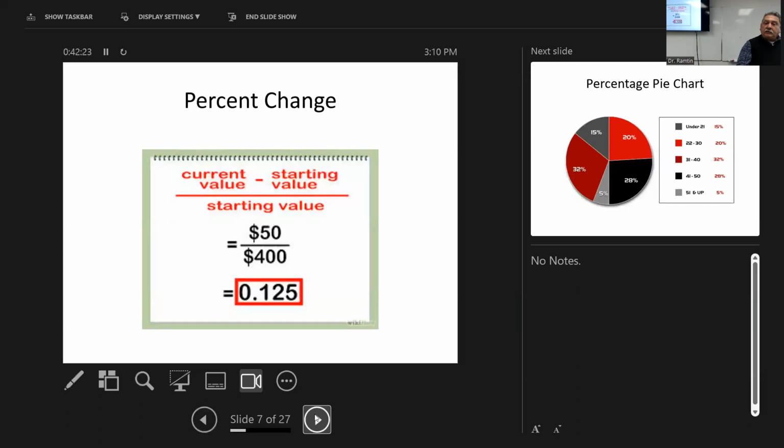We get 0.125. So if I want to convert that to a percentage, I have to multiply that by 100. Then I get 12.5. I move the decimal to the right, 2 places. So I will save 12.5%.